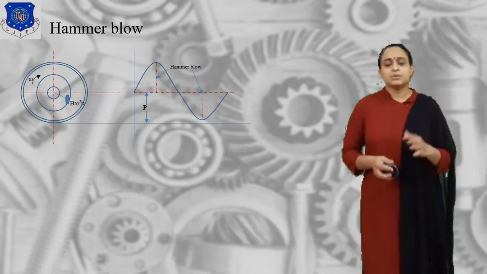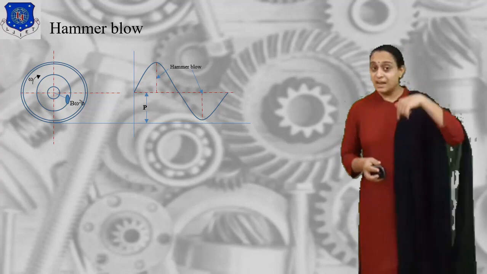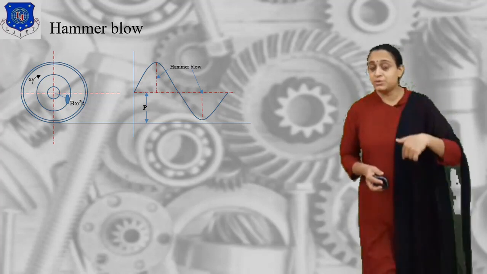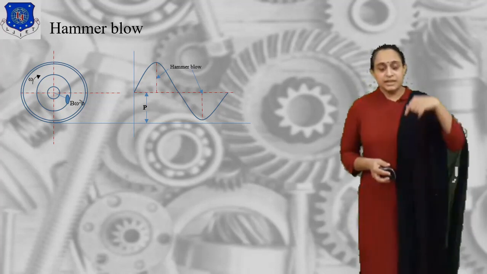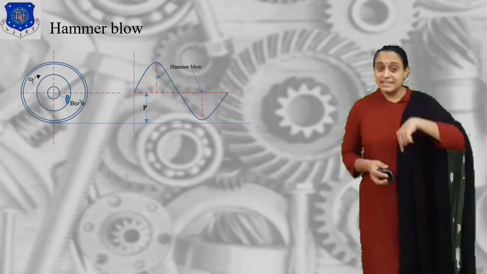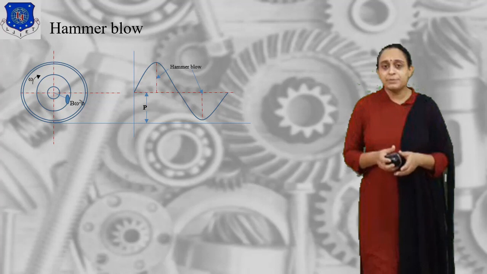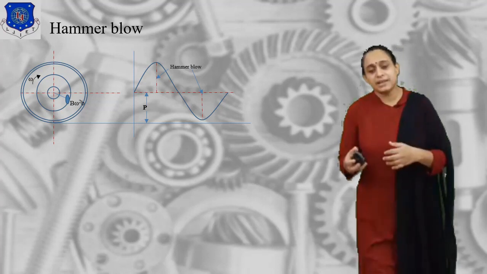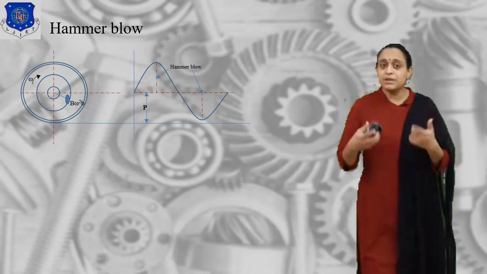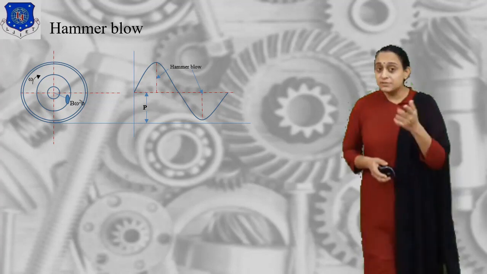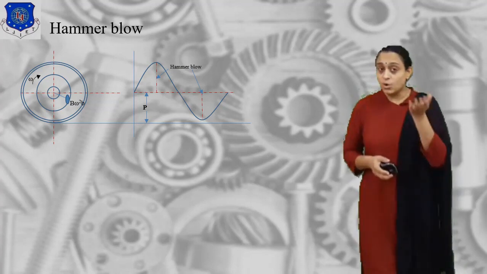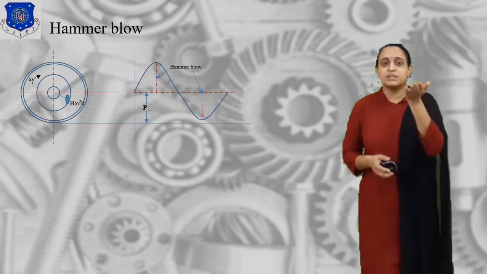Now let us assume, because there is a wheel, there is a downward weight tending to act on the system. Let us assume the downward weight is lesser than this B omega square b. What will happen? Whenever the force is maximum, according to B omega square b, both the wheels will lift off the rail.